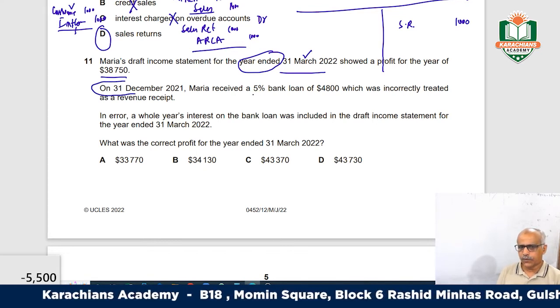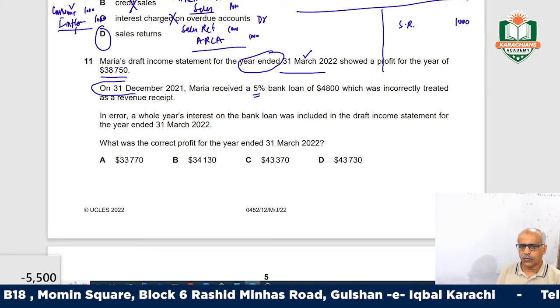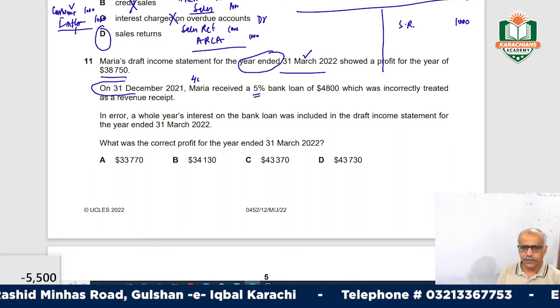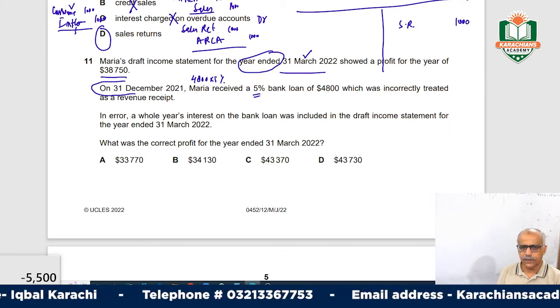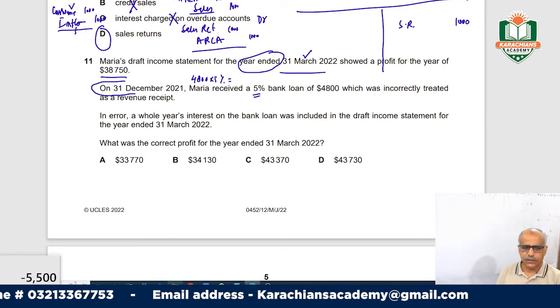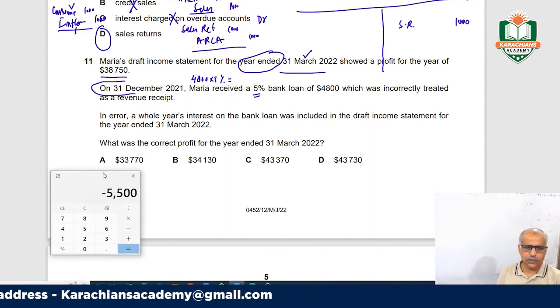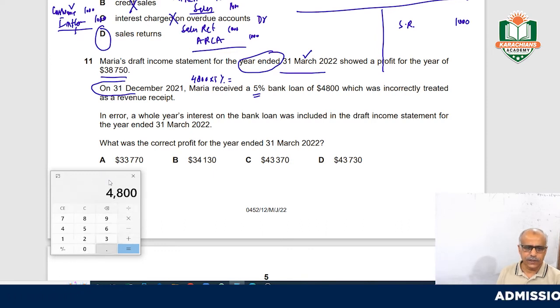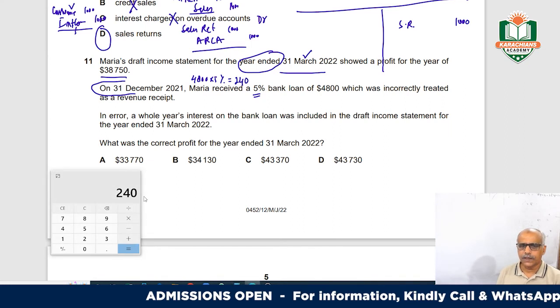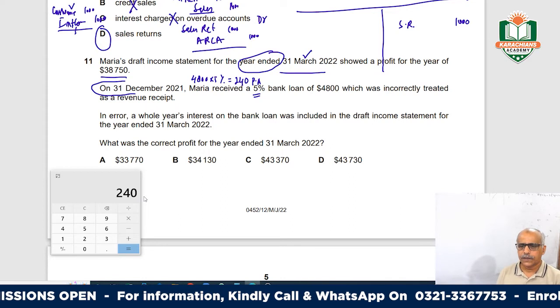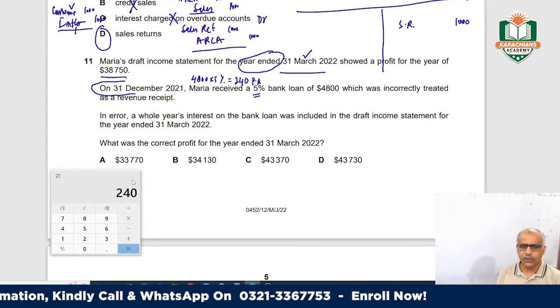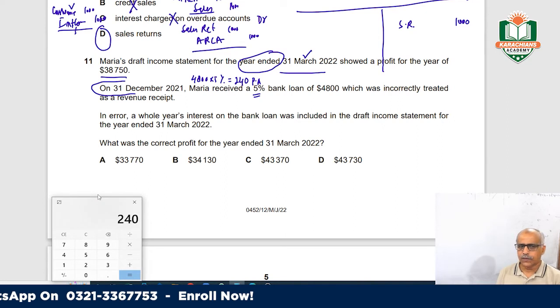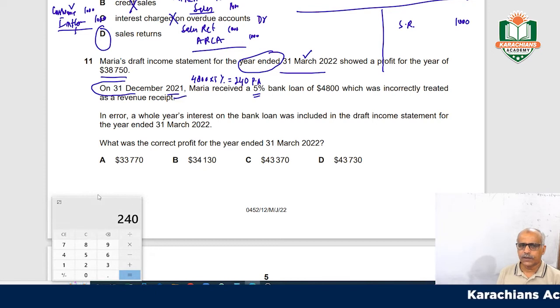She received a bank loan, 5% she has to pay. So how much would be the interest? 4,800 into 5%, so annually she has to pay 240 per annum. But she got this on 31st of December 2021.